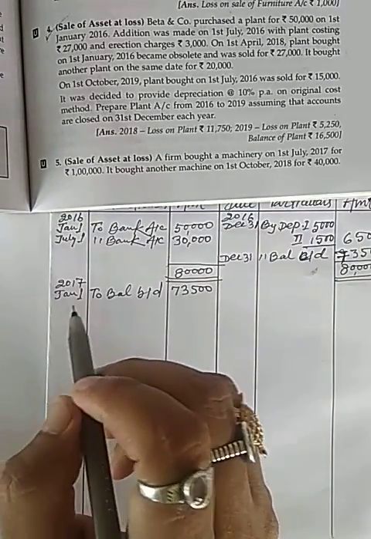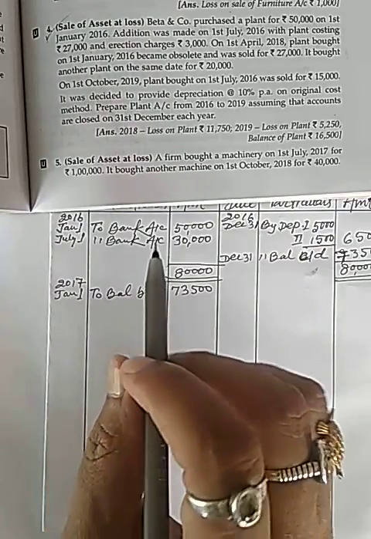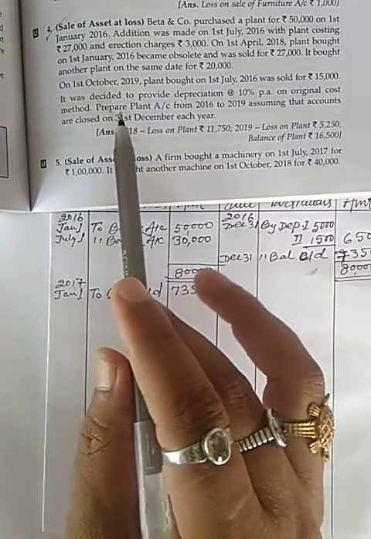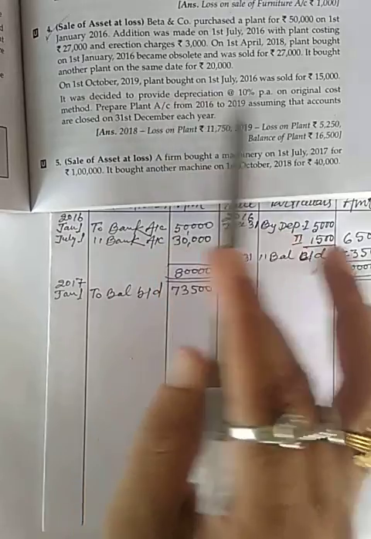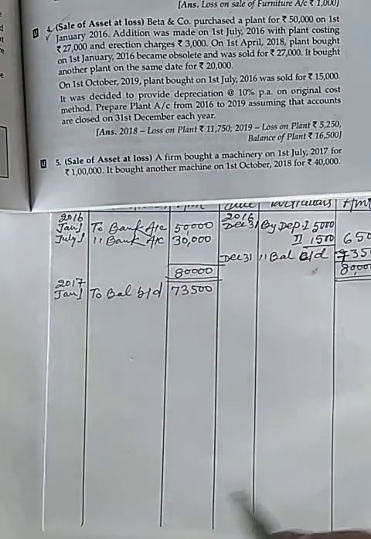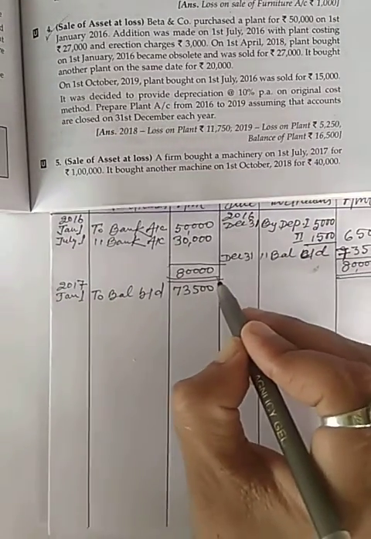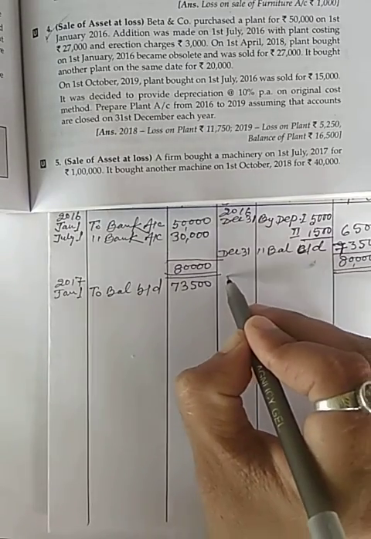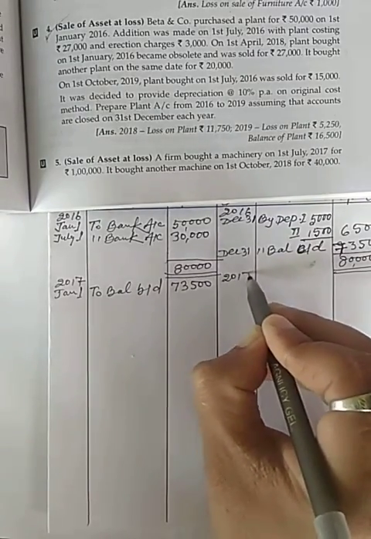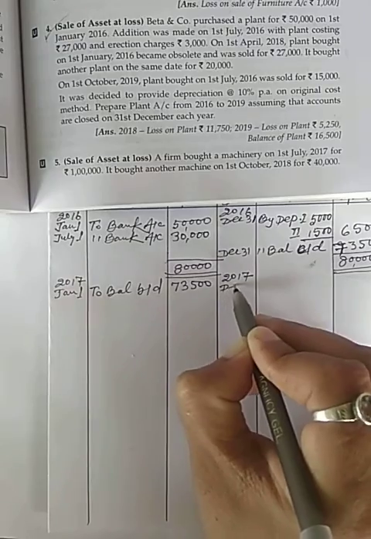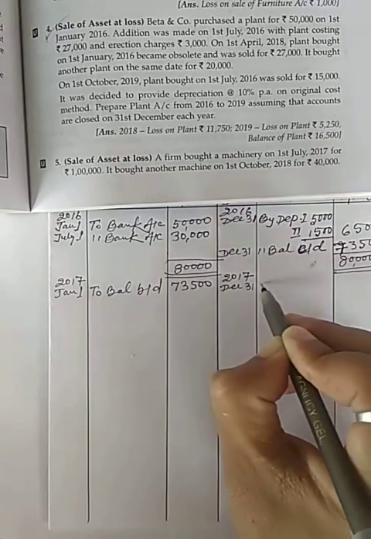Now in this year there is no plant purchased by the company, so I will write off depreciation only on 2017 December 31st.